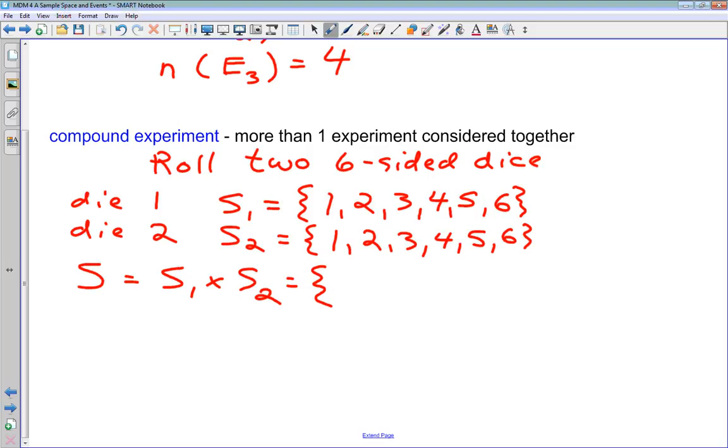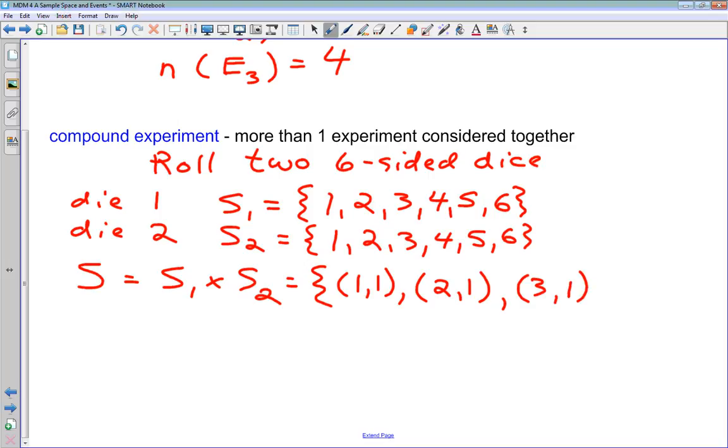Well, we can list, kind of like as ordered pairs, the possibilities on die 1 and die 2. We could get a 1 on the first one and a 1 on the second one. So we put 1 comma 1 in round brackets there. We could have 2 and 1. We could have 3 and 1. Okay.